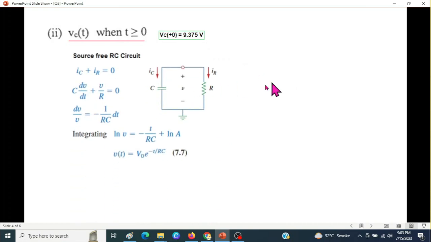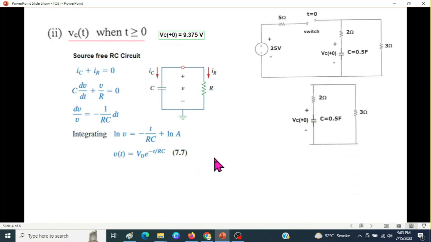If you go into the circuit derivation from the book, this is how it has been derived: the two currents, then IC is C dV/dt, IR is V over R. From here you can write this, and then integrating, we get this. This is the final equation for a discharging or source-free circuit, where V0 is the initial voltage at 0 plus.